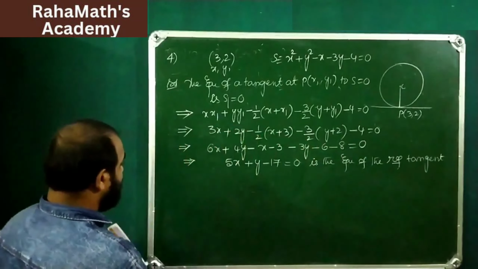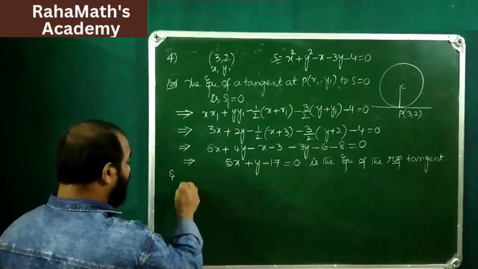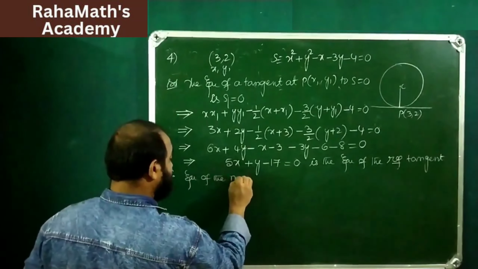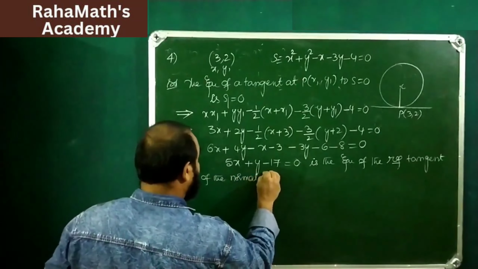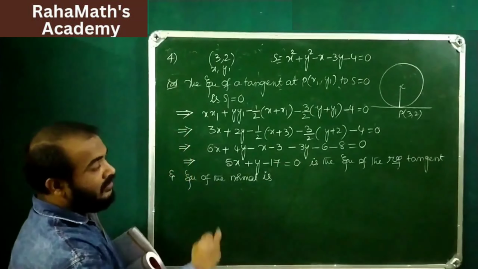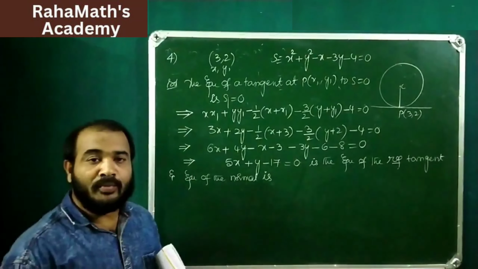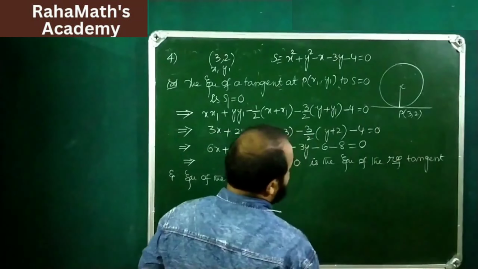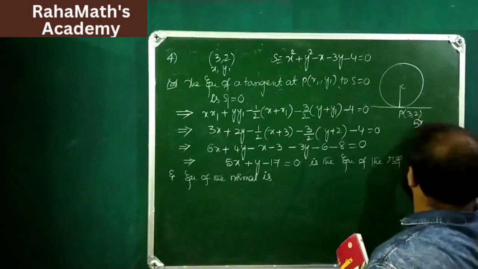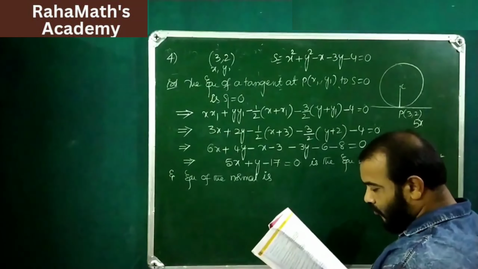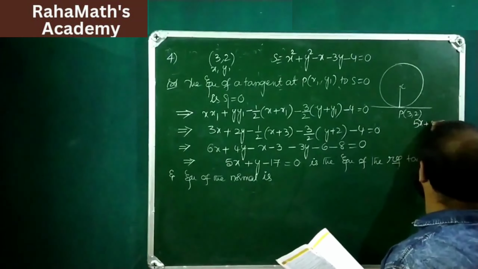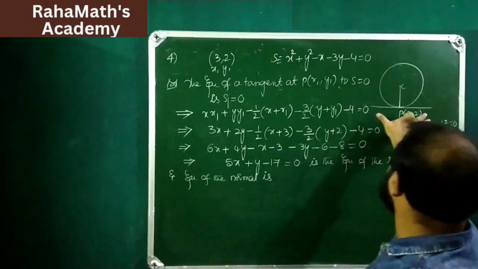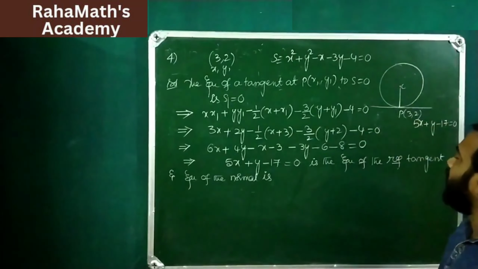And the equation of the normal is, we can find out the equation of the normal in two forms. So this is 5x plus y minus 17 equals 0. This is the tangent, this is the normal.